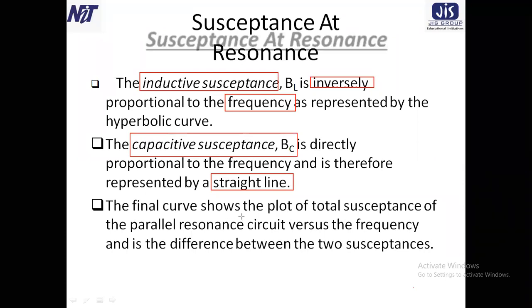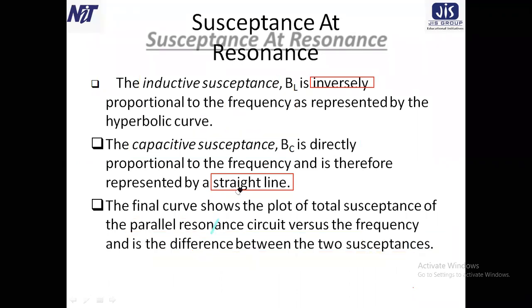The final curve shows the plot of total susceptance of the parallel resonance circuit versus the frequency, the difference between the two susceptances. So this is the susceptance for the resonance circuit.